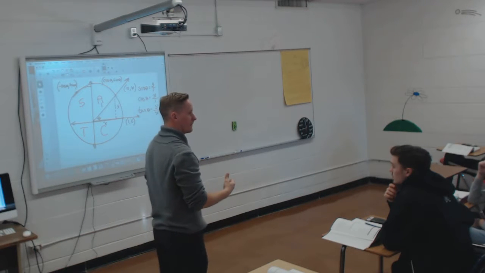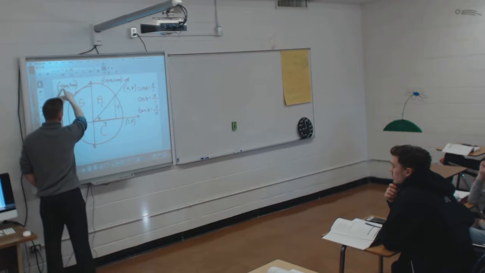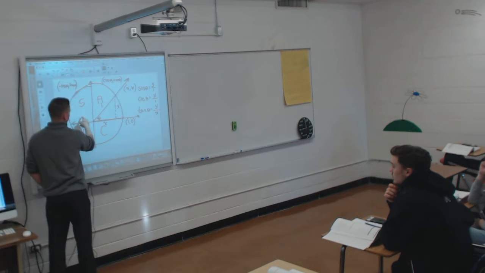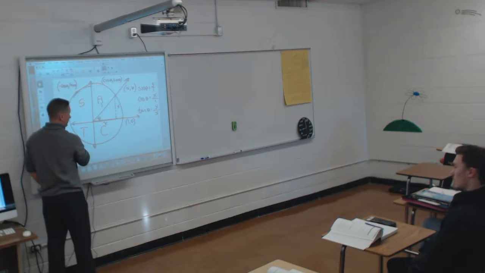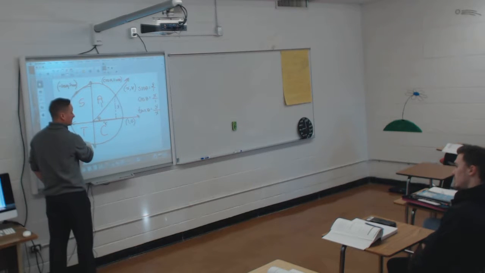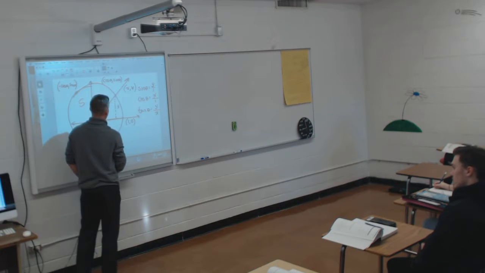Fair enough? Now, in this quadrant, because my x is negative here, my ratio is now negative cos theta, sine theta. Down here would be negative cos, negative sine. Over here would be positive cos, negative sine.